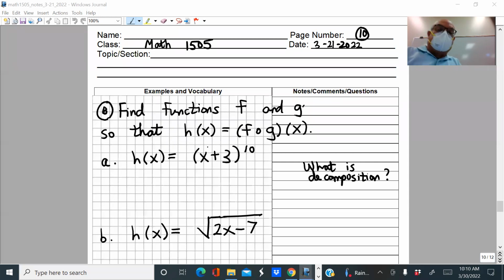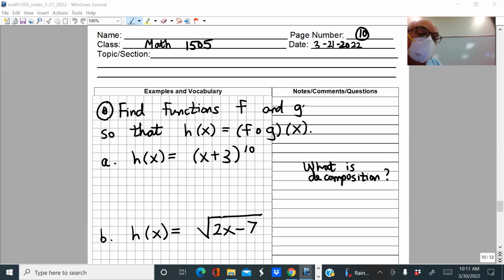Suppose you got this function x plus 3 to the 10th power, which is kind of, as I mentioned, a complicated function to evaluate and to graph. But if we have to deal with a function like that in calculus, then it sometimes helps us to be able to break that function up, decompose that function into two simpler functions, so that when you compose the two simpler functions, you get the more complicated function.